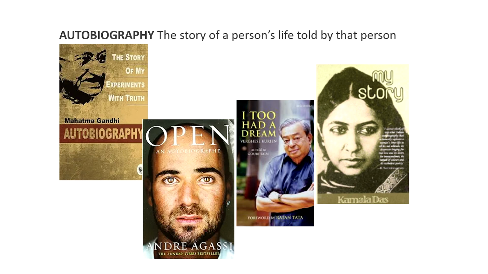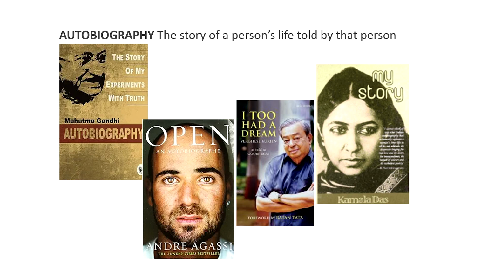Autobiography is the story of a person's life told by that person. In the last lecture I talked about Gandhi's autobiography, The Story of My Experiments with Truth, which was a very rare autobiography in its time. Indians were not prone to writing autobiographies that much. Then we have Andre Agassi's very popular book called Open.